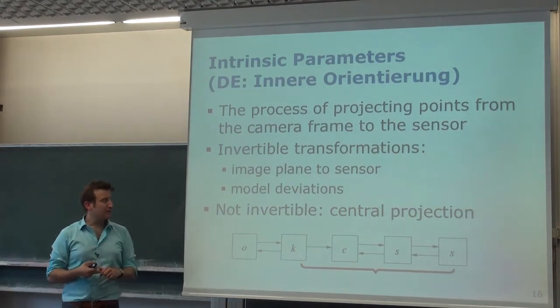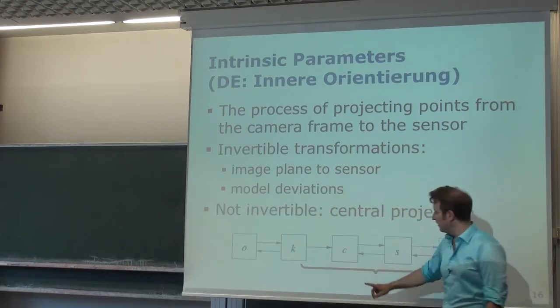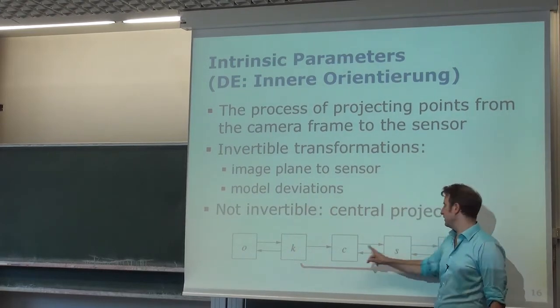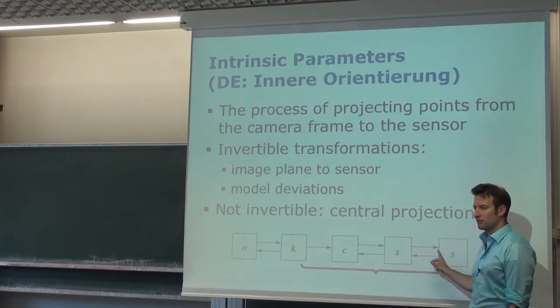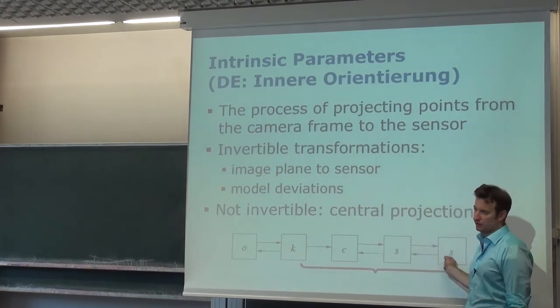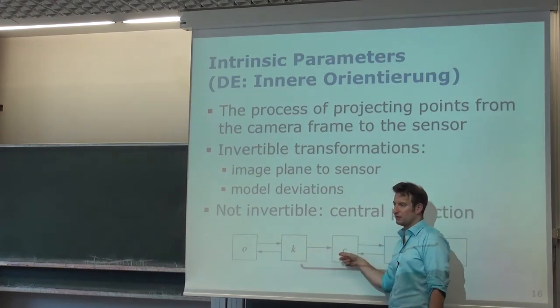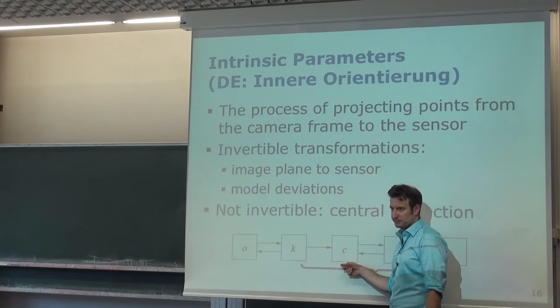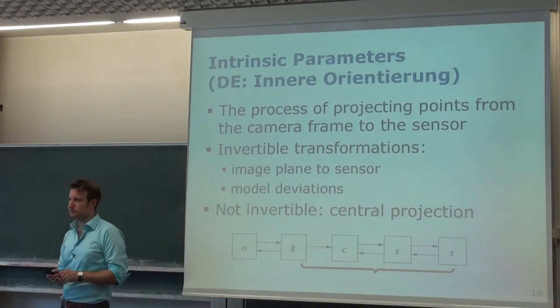Again, some of those transformations are invertible. So if I'm on the image plane already, I can map to the sensor forth and back. Also here I can map forth and back, given the knowledge of my nonlinear function, of course. But there's a loss of information here. And this is due to the central projection, so mapping from the 3D world to the 2D world. Okay?